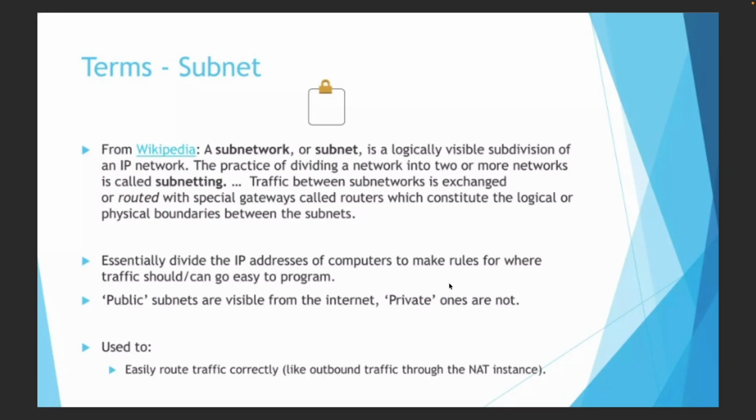Essentially, subnets divide IP addresses to establish rules for traffic routing. There are two types of subnets: public subnets, which are visible from the internet, while private subnets are not. This lets us easily route traffic correctly. For example, sending outbound traffic through a NAT instance while keeping internal resources protected.